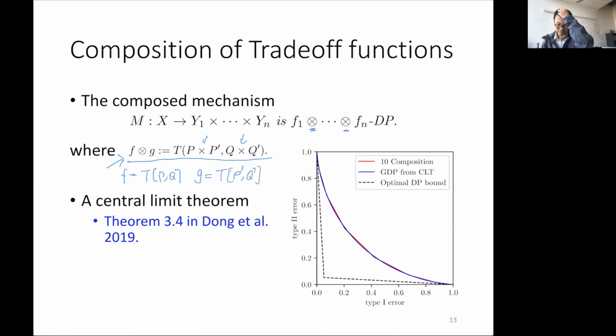Specifically, the central limit theorem shows that the trade-off function converges, say, in L infinity, but towards the two ends of the trade-off function, even a tiny difference will result in hugely different epsilon-deltas.